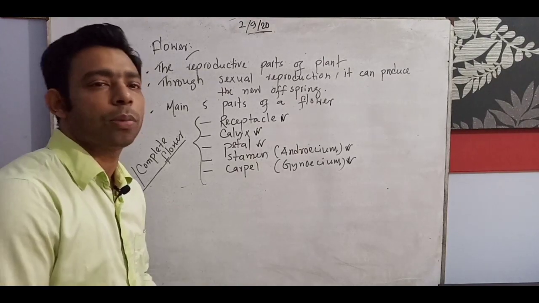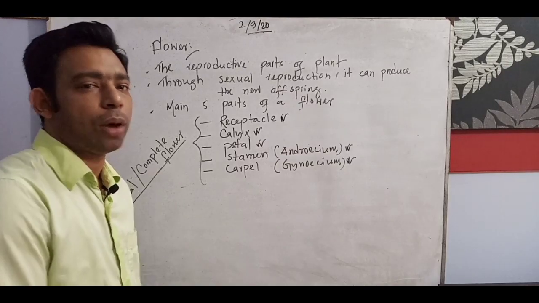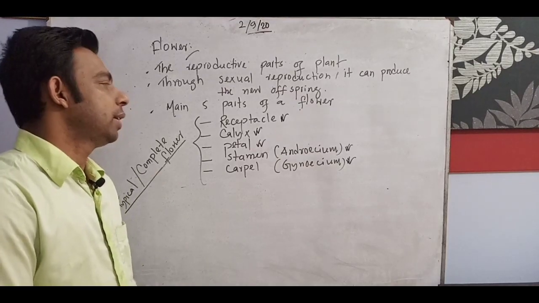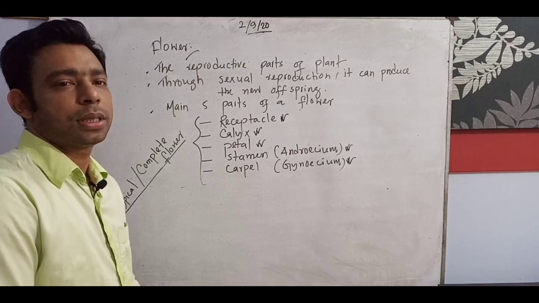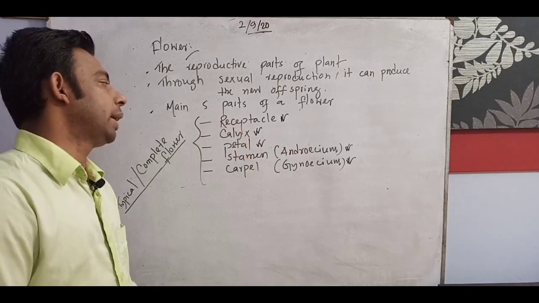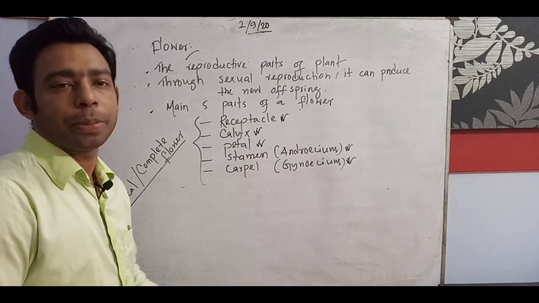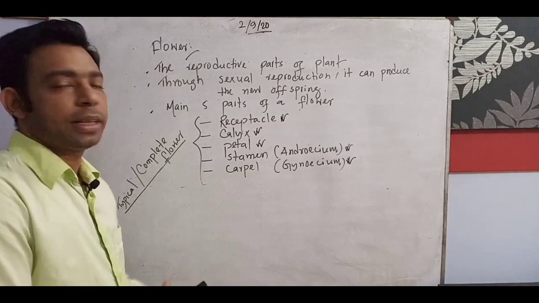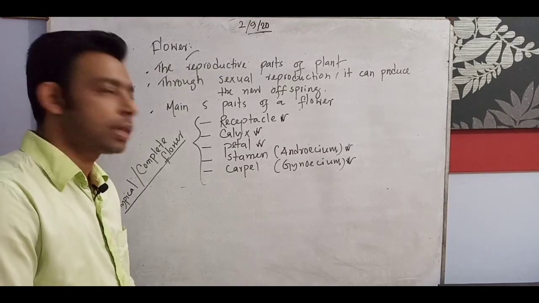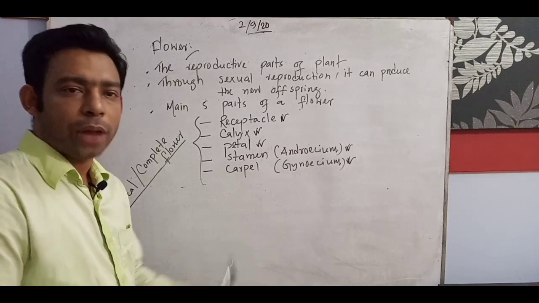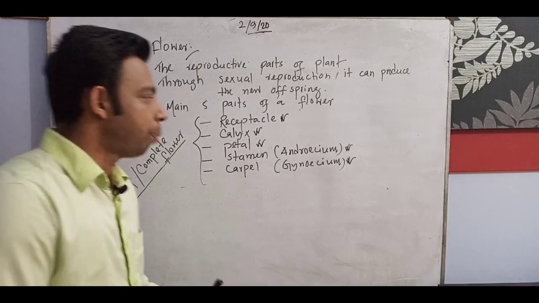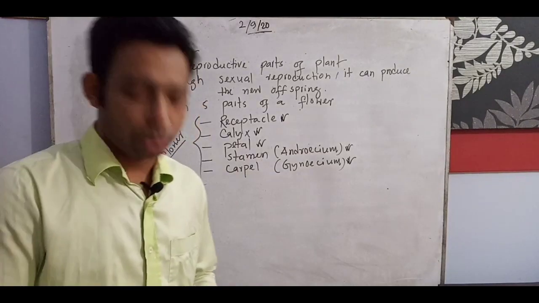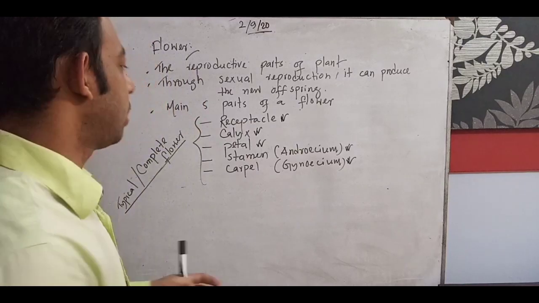If it is asked for 1 mark, what is an incomplete flower, you will write that if any of the parts like receptacle, calyx, petal, stamen, carpel is absent, that flower is known as the incomplete flower. Very importantly, we know this term. I hope you are also getting this term properly.